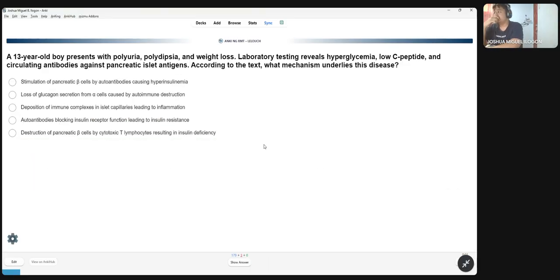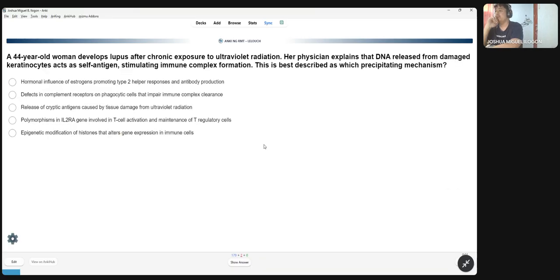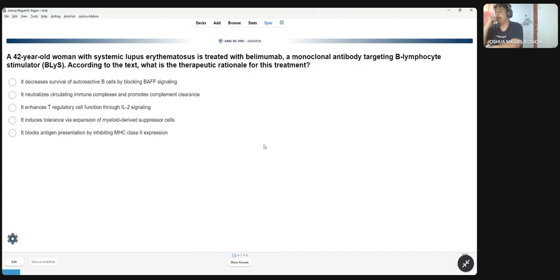A 13-year-old boy presents with polyuria, polydipsia, and weight loss. Laboratory testing reveals... that's your type 1 diabetes. So, destruction of pancreatic B cells. DNA released from damage, that's your cryptic antigens. Monoclonal antibody targeting B lymphocyte stimulator, so it's belimumab.